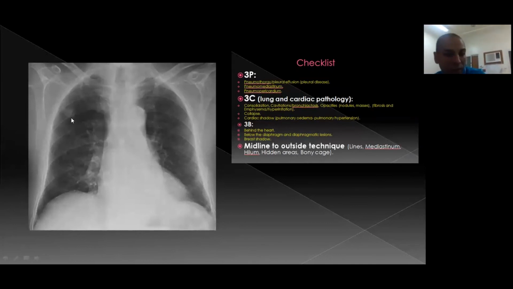We have nodular opacity in the right upper lung zone, confirmed later by CT and CT-guided biopsy as bronchogenic carcinoma. So well done to identify this abnormality. If you go point by point through our checklist, as we discussed before, it will be simple to identify.